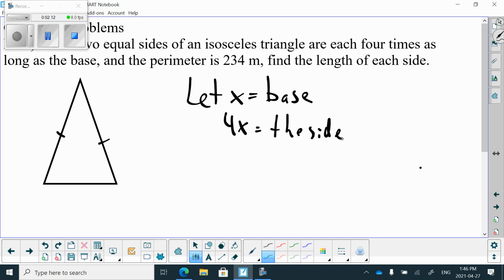So on my pictures, I really like to label them as I go. And I did at the start, but that's okay. We'll back up. Where would I put the x for the base? Just give me a hand gesture where that would go. Awesome. That must mean the 4x must go on the side. Is that right? Is that good?